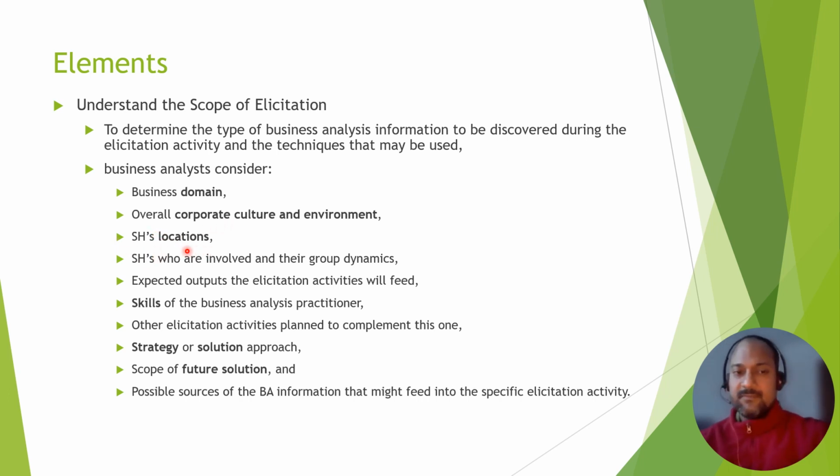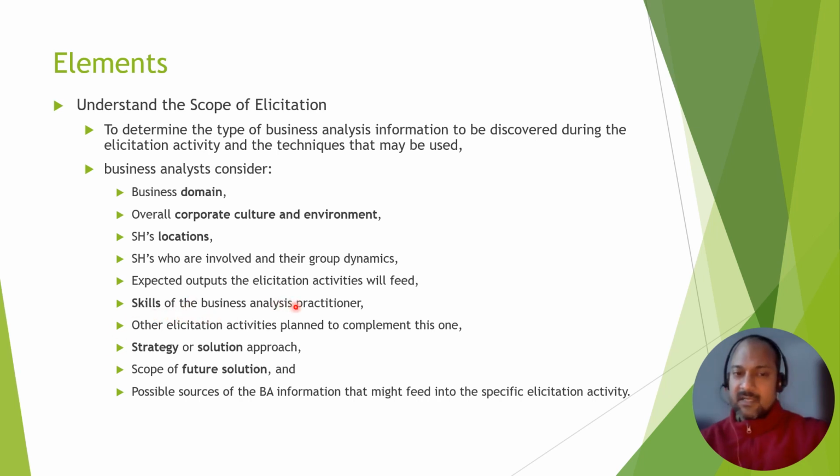Stakeholder location is another important factor. Stakeholders who are involved and their group dynamics, expected outputs the elicitation activities will feed. So the output that you are getting from this activity, what other activities are there that need the output that is provided by this prepare for elicitation activity, that you need to identify.